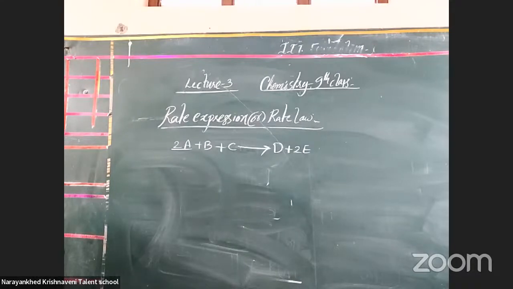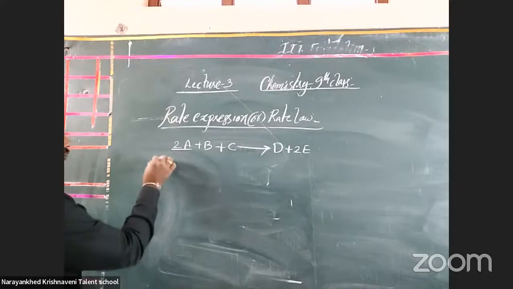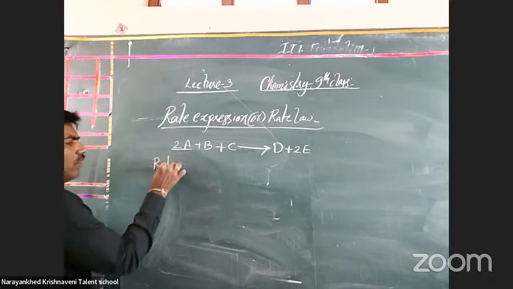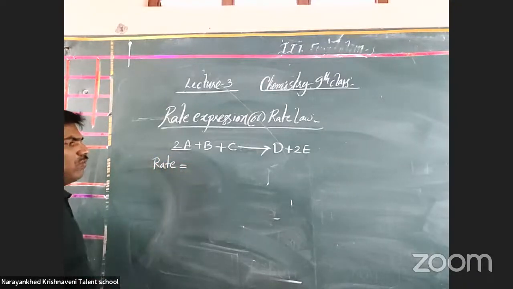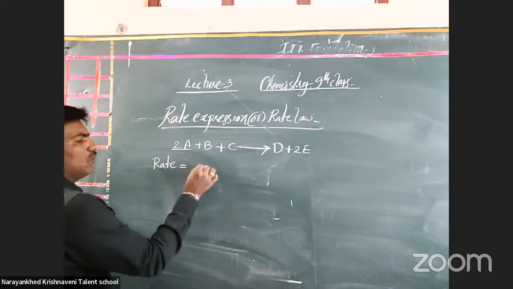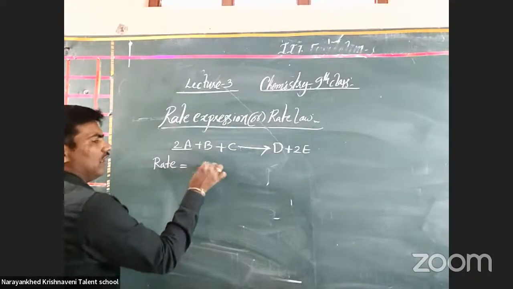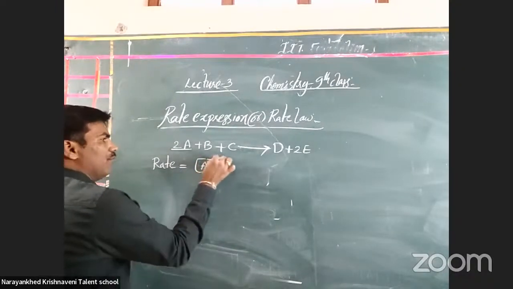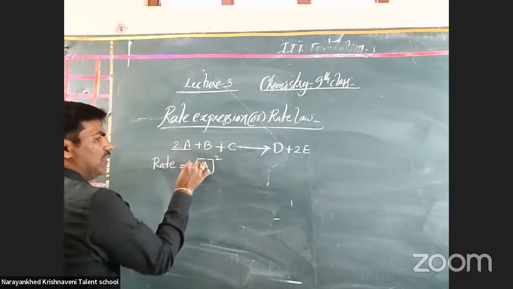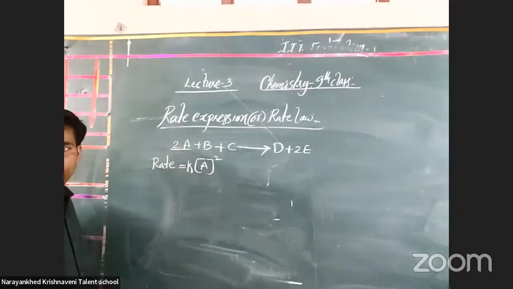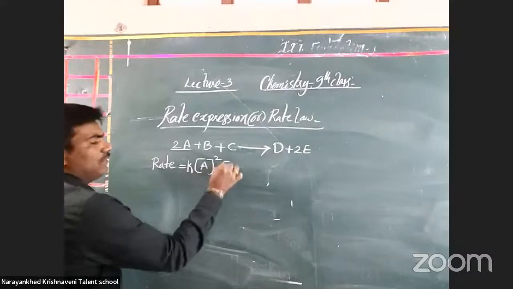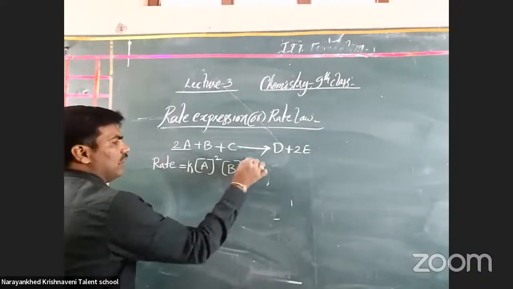Now there is a total change. First, you have to write the rate of reaction for this hypothesis. What is the rate equal to? The rate is equal to k into A to the power of 2, B and C.